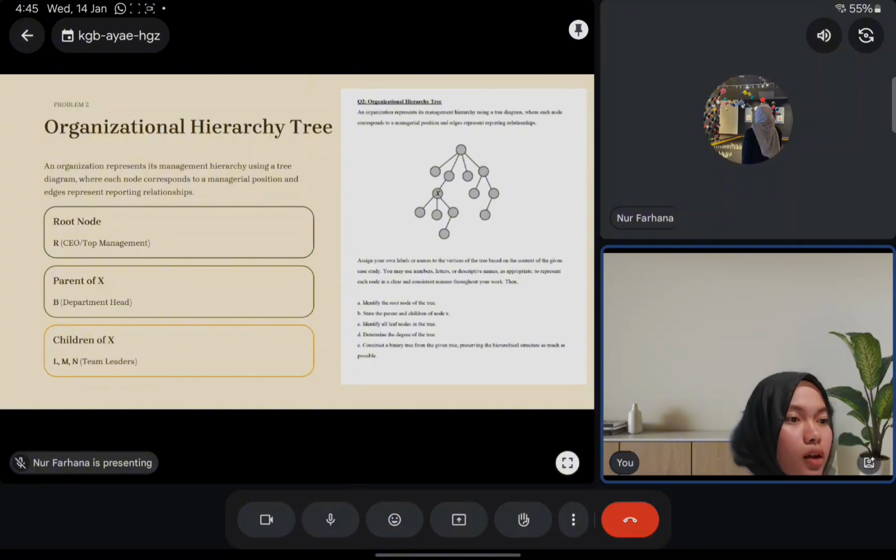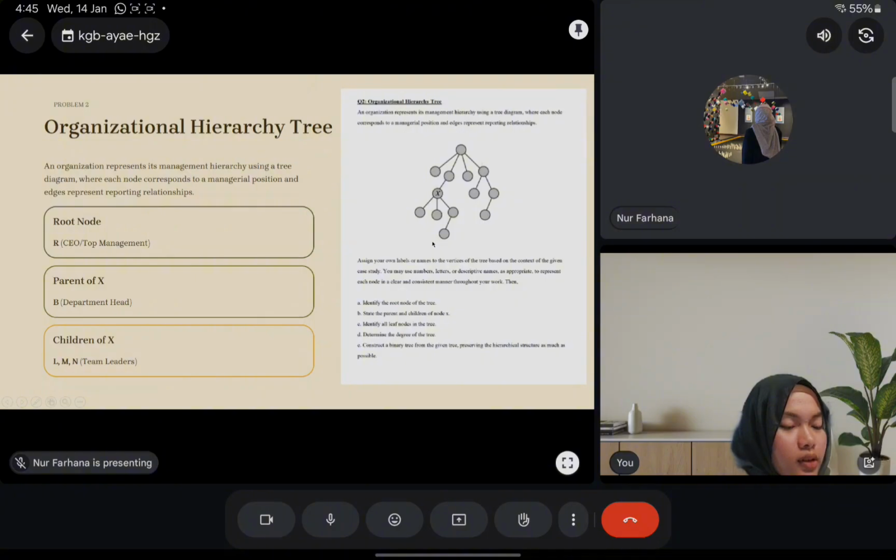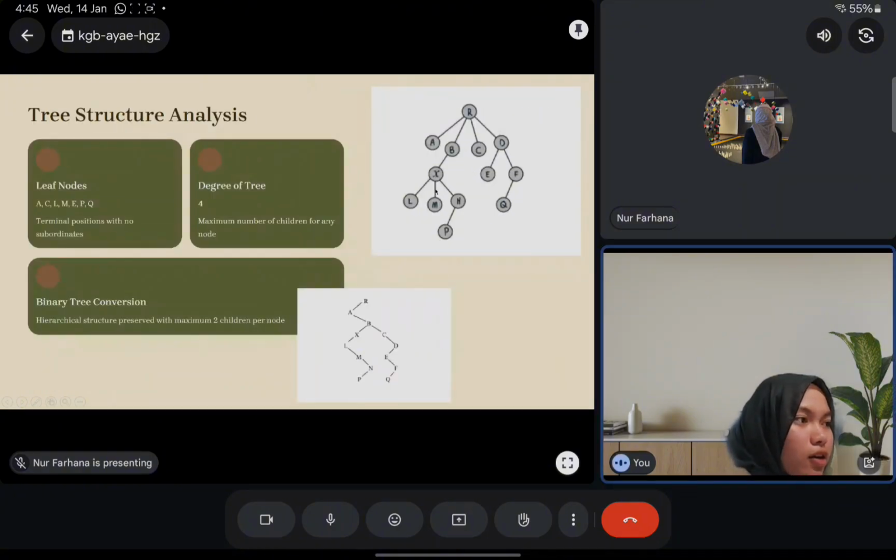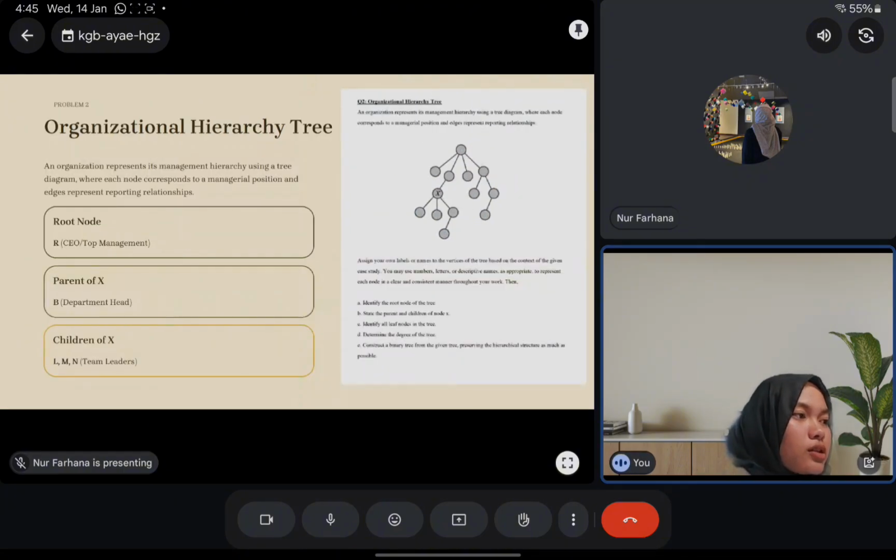So the parent of X is B, and the children of X are L, M, and N. It is because the top one is the parent.